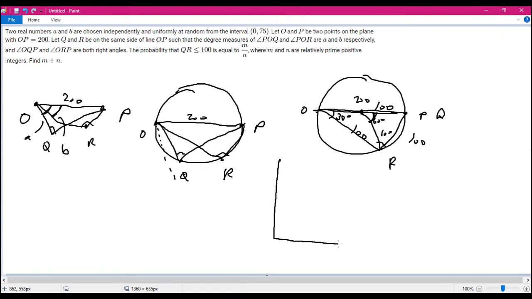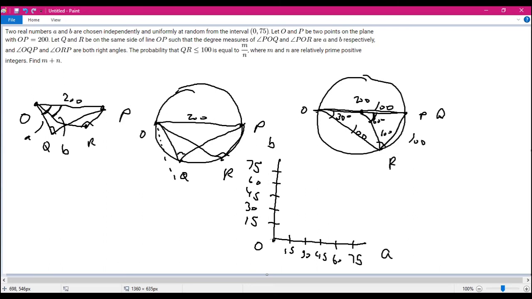Because they can be chosen anywhere randomly here, let's draw a chart. This is A, this is B. We'll do 15, 30, 45, 60, and 75 on each axis.